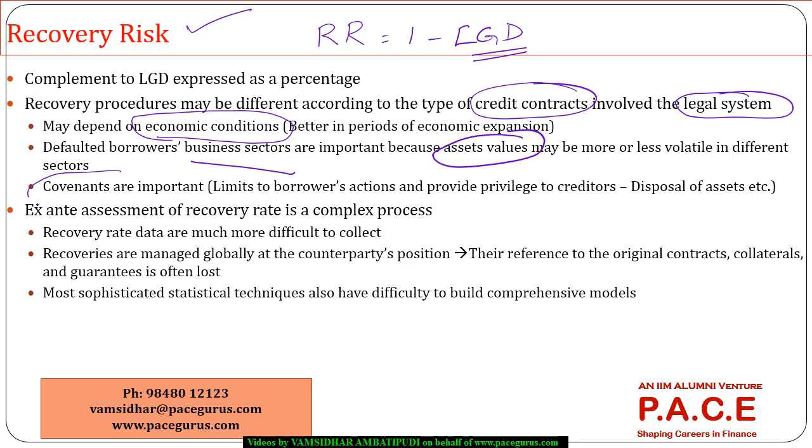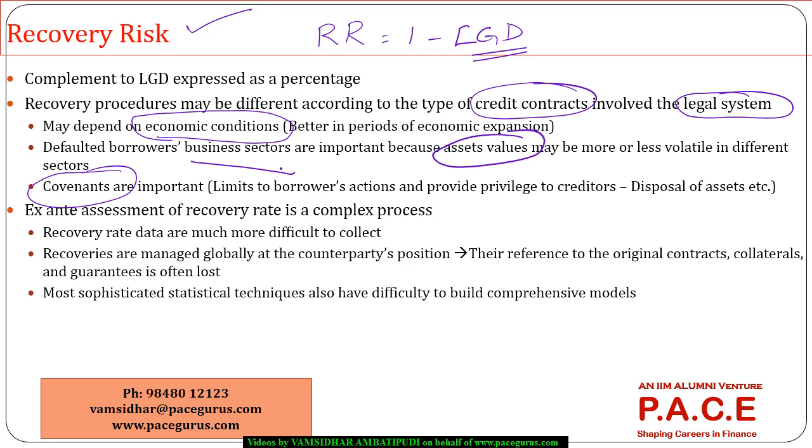And even the recoveries are based on the various covenants that are associated, especially some kind of restrictions that are put on the borrowers by the lenders regarding the kind of actions, the do's and don'ts, that the borrowers can do until the settlement of the loan. And they are a kind of privilege to the lenders.